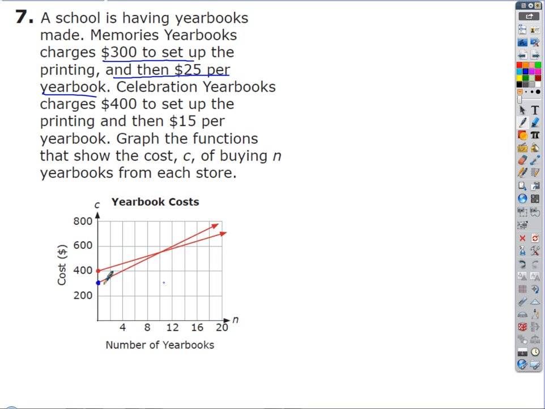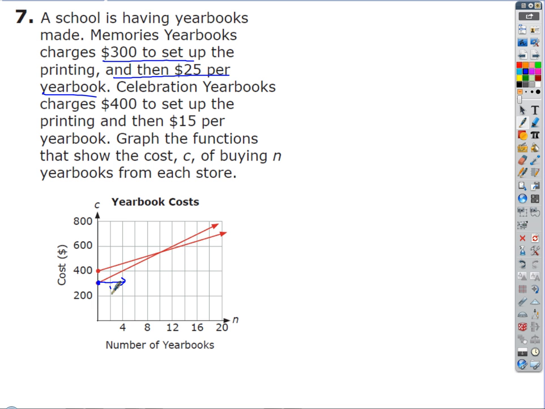So for example, from 300 up to 400, that's an increase of 100, right? If every yearbook I'm going to go up by 25, to go up a total of 100, how many yearbooks would I have to go over? 4, wouldn't I? So I would go 4 over and 100 up, and that would be my triangle, right?